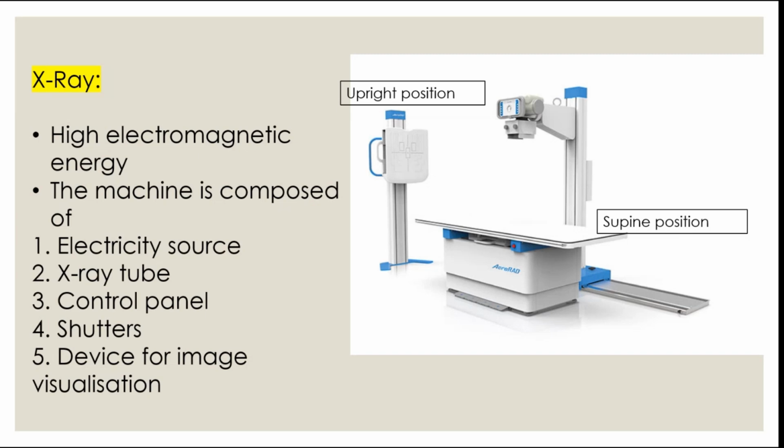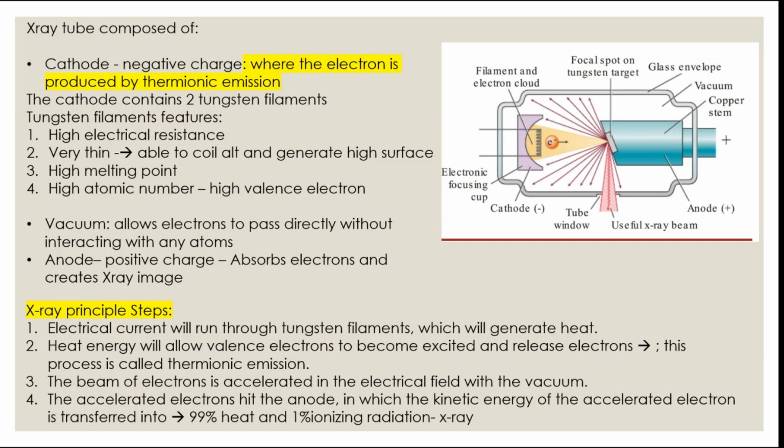Can we go to the next one? Okay. So the principle of X-ray is basically based on the X-ray tube. As we see in the picture, the X-ray tube is composed of a cathode, an anode, and a vacuum. The cathode is the negative charge where the electrons are created by a process called thermionic emission.